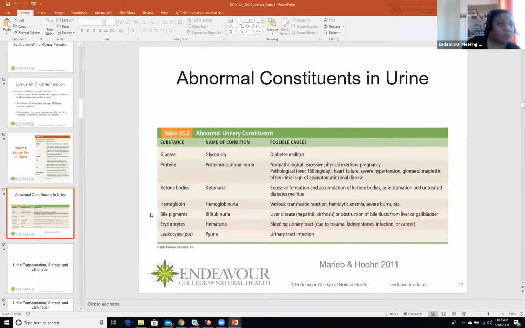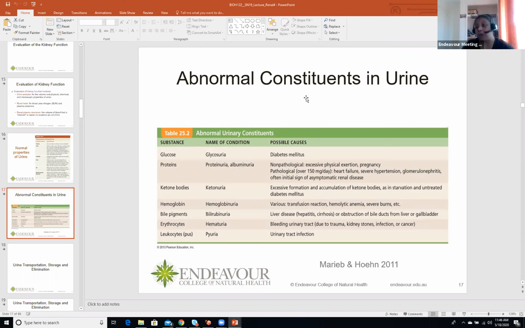These are the terminologies used for presence of abnormal substances in the urine. Now, some of these can be a part of your multiple choice questions in your final exam, but mainly it's just about understanding what each terminology means, right? So when we talk about anything being present in the urine, we use the suffix uria.